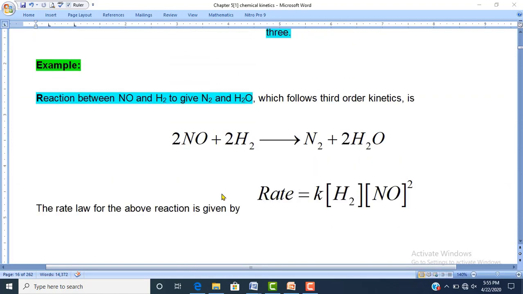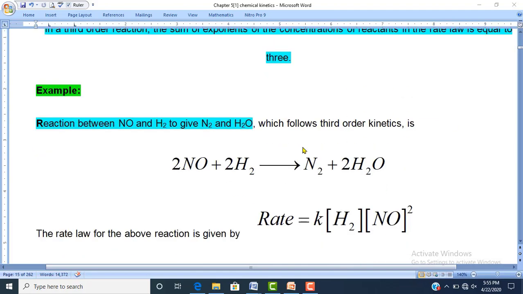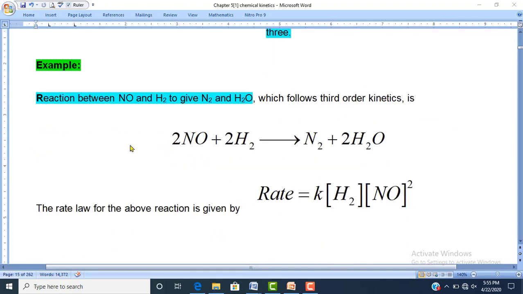Dear students, the main point to be remembered about the third order reaction is that in a third order reaction the sum of exponents of the concentrations of reactants in the rate law is equal to 3, and the most important example of the third order reaction is 2NO plus 2H2 gives N2 plus 2H2O.